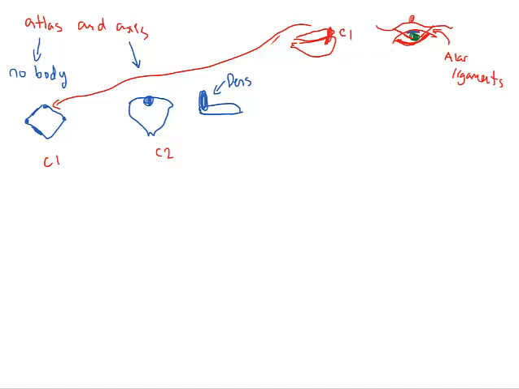There is also one more ligament called, I believe, the cruciate ligament, and this essentially creates kind of a cross between the dens and the atlas. So the way it would look is if the dens was in blue, and then let's draw the atlas around it.